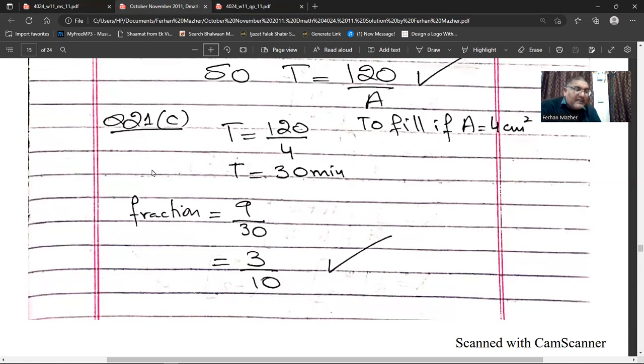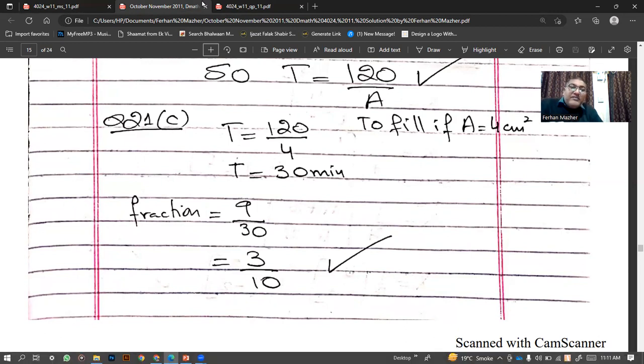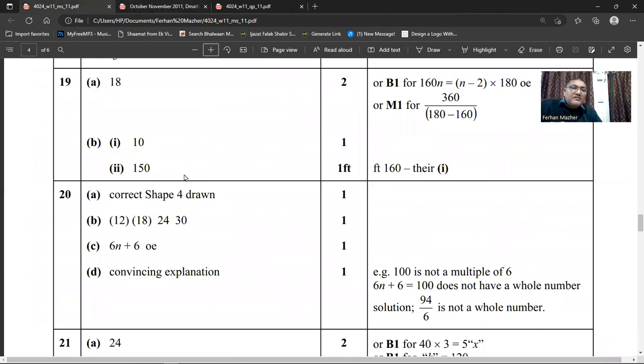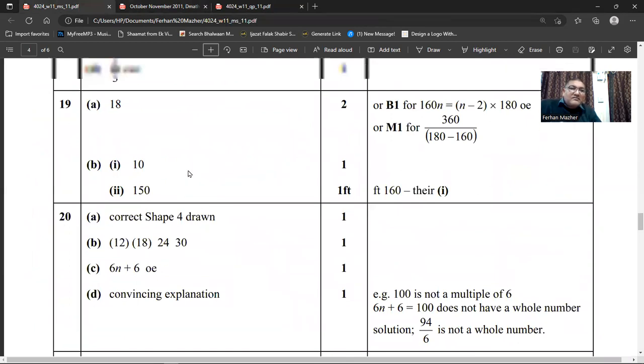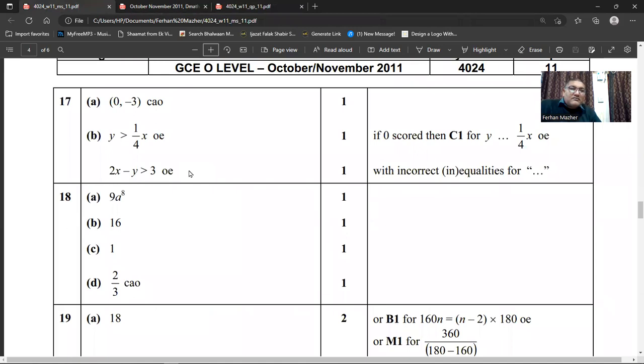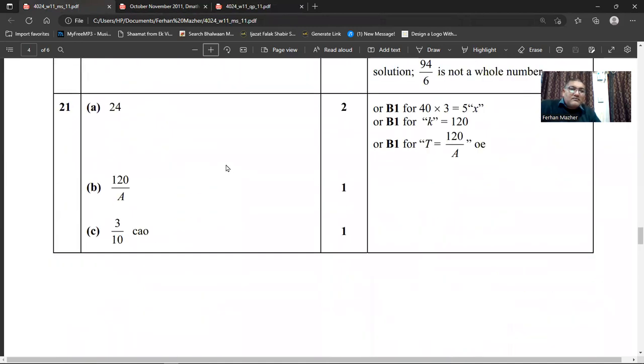So the fraction of the container which is filled will be 9 by 30, because to fill the tank the time required was 30 minutes, but it ran only for 9 minutes. So 9 by 30 will be 3 by 10. Three by 10 is the right answer.